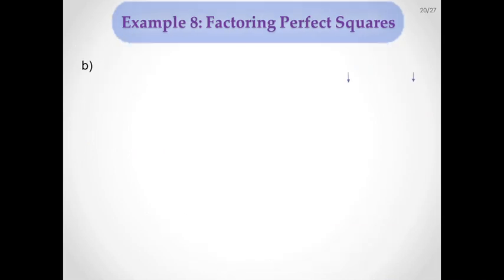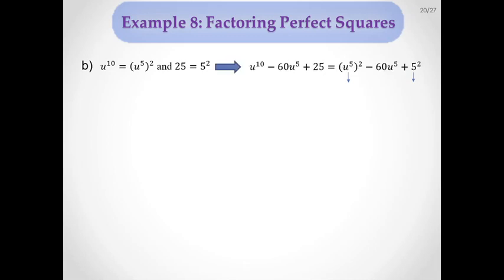Let's do part B. Now, again, we are looking for the perfect squares in the trinomial, and we see this u to the 10th and 25 are perfect squares. And then we set x equal to u to the 5th, and we will call 5 y.